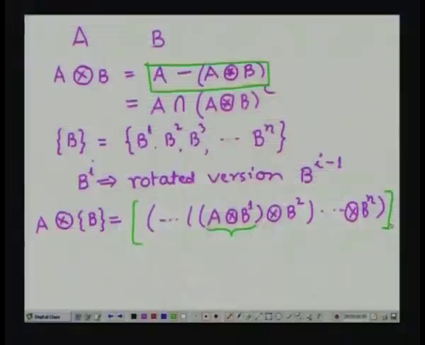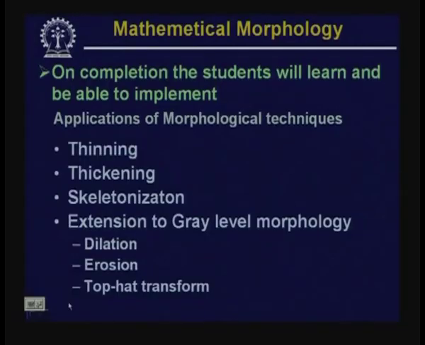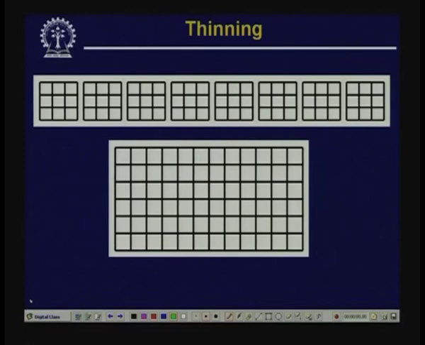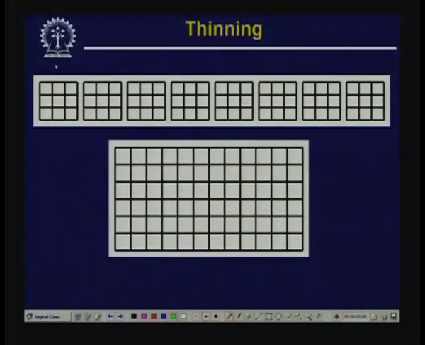Now, let us take a particular example. As we said, the structuring element in this case is a set of structuring elements. So, in this particular example, we take 8 structuring elements starting from B 1.